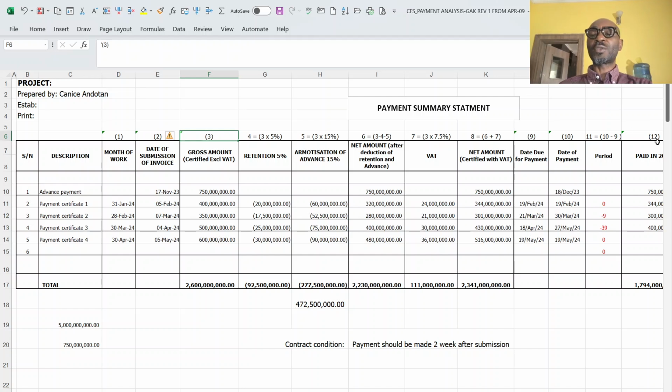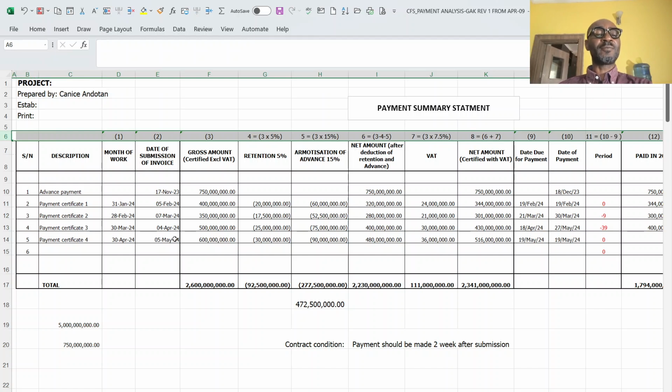Now, having understood how the formulas are derived, before I explain further the chart on my screen: in every contract there are conditions that guide payment, when the process for payment should start and when it should end, meaning when both parties are expected to go to site to assess the progress of work done, and the time they are expected to compute this assessment and agree on what the figure should be.